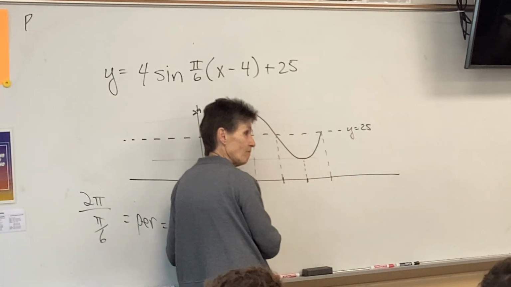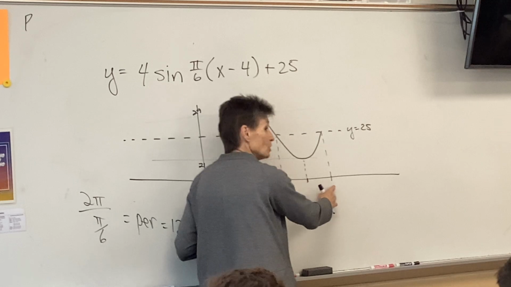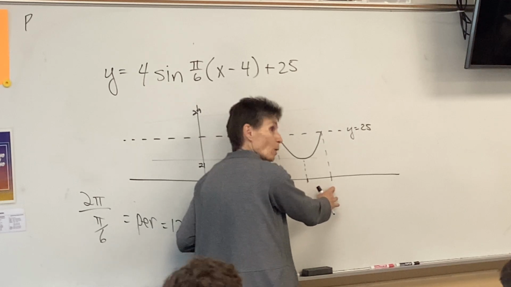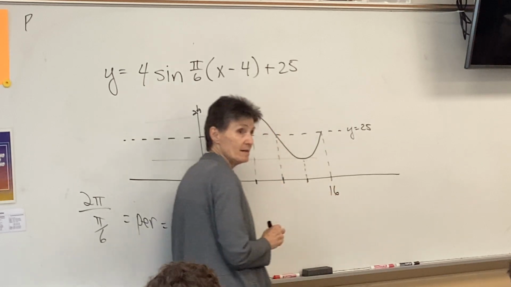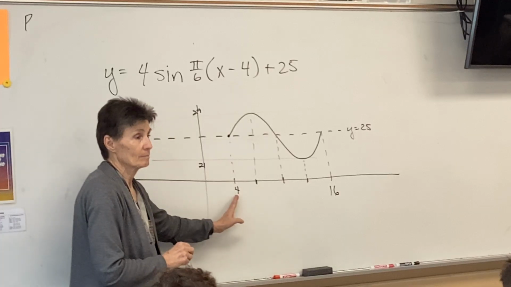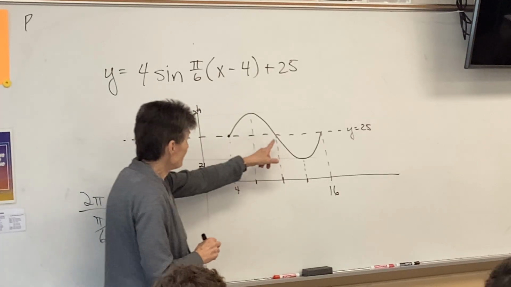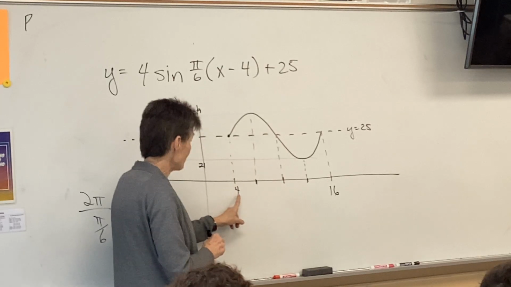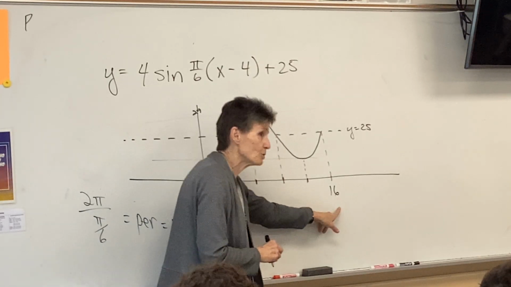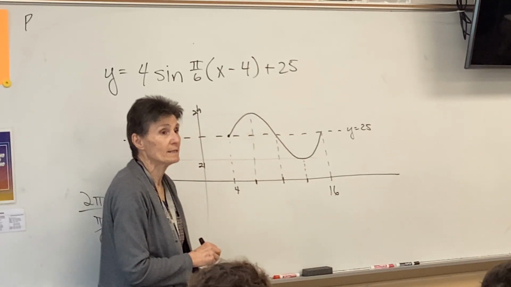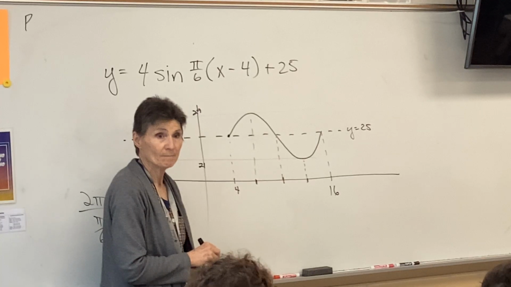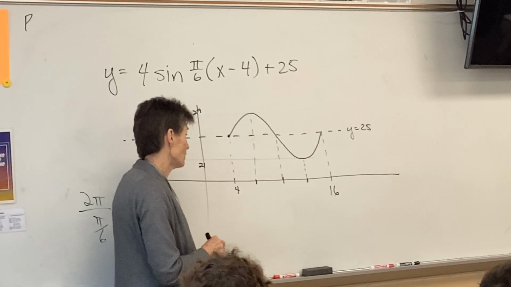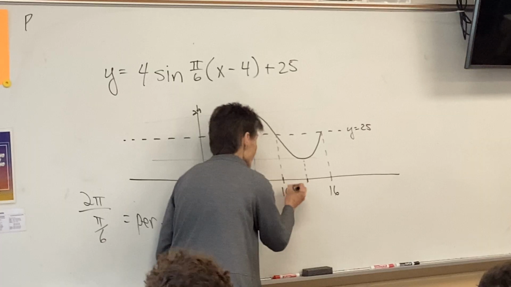You're starting at 4, going a period, which is 12, so I'm gonna end at 16. And then this guy right here will simply be the middle value or the midpoint of 4 and 16. So that will be 10.